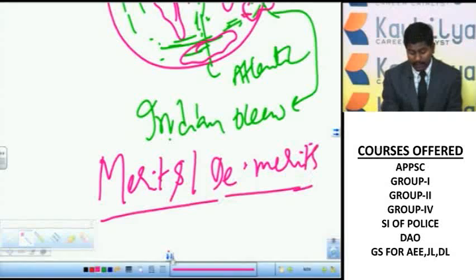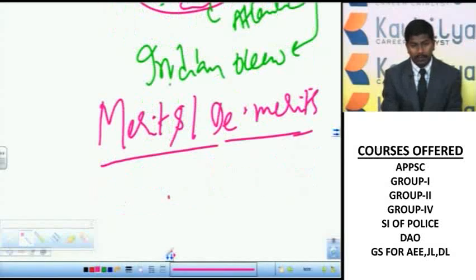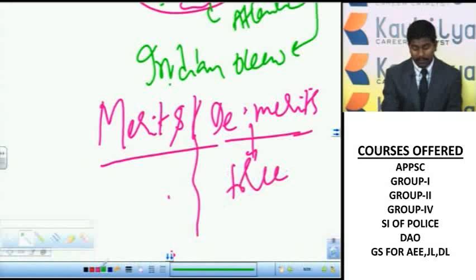But here the merit is that it is an excellent attempt to explain the origin of the continents and oceans. But the demerit is that he could not give the proper force for the drifting of the continents.